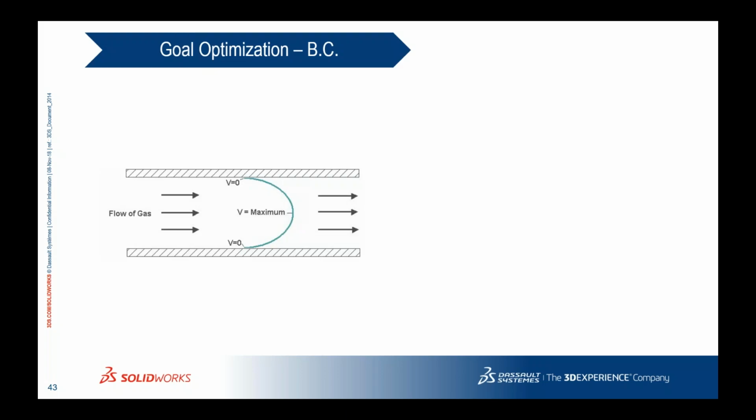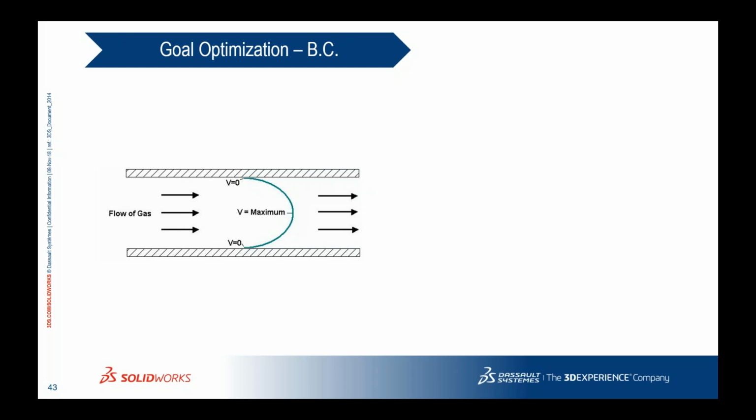Instead of running them manually, it's the flow simulation that is doing it automatically. But now we would like to have another step. We would like to have an optimization. So we would like to drive the simulations with a goal in mind, for example, the flow rate of a gas, or the diameter of a conduit.